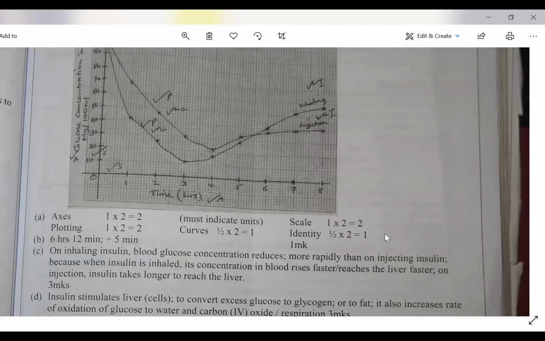We expect 2 identifications, and 2 times a half gives you 1. So if you add all this, you will get the 8 we are talking about. You add 2 plus 2, that is 4, plus 1, that is 5, plus 2, that is 7, plus 1, that is 8. So that is the clarification about the award of marks on the graph.